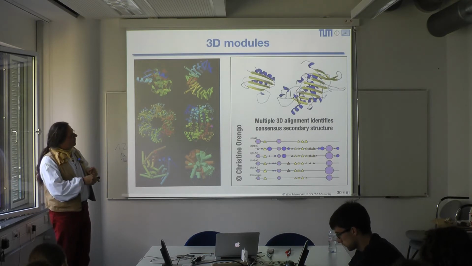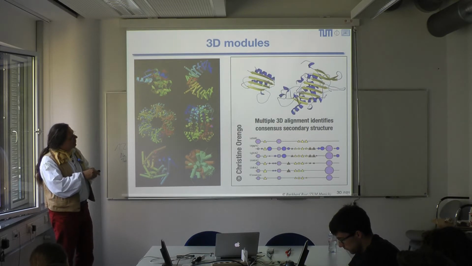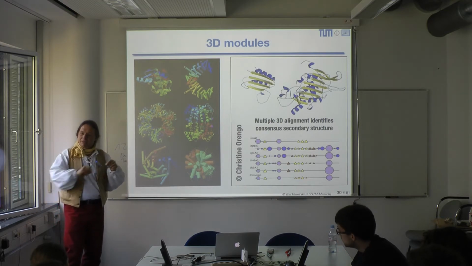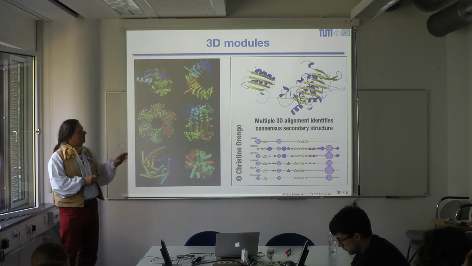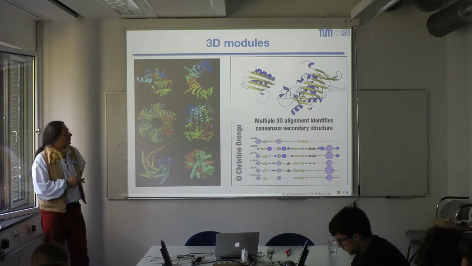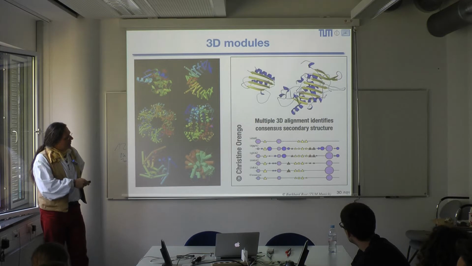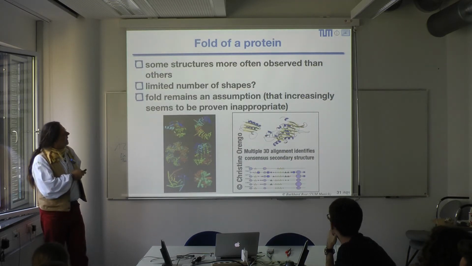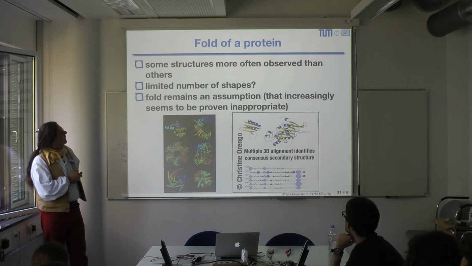You still don't quite know the 2D reality, whether the beta strands here are below or above the helix, how they are wound, whether they're parallel or anti-parallel. This is also important, and that is not visible here, so that's a 2D information. But in principle, the point is that you have repetitions of the same basic unit. And that, in fact, again, is the idea of a fold.